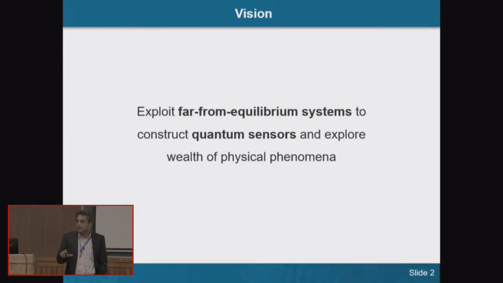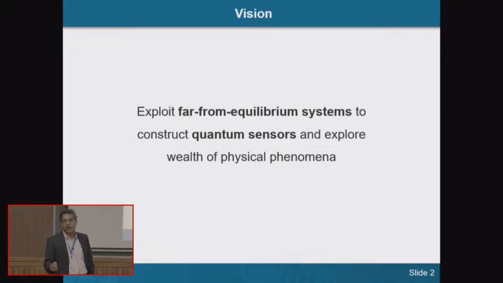Mostly I'm going to talk about spins. These spins are going to be very far from equilibrium, and as an experimentalist, you care about, for example, attracting funding and attracting students. So you want to tell them why it is useful, apart from it being interesting. And it's useful because we can actually construct what I would call quantum sensors. You can sense things very sensitively with these far-from-equilibrium systems, as well as explore a wealth of physical phenomena that I'll tell you about.